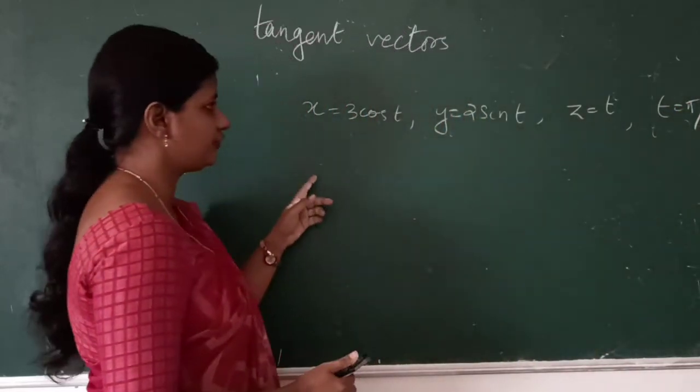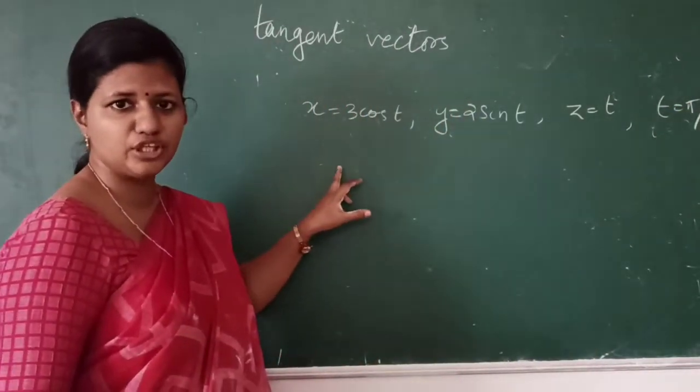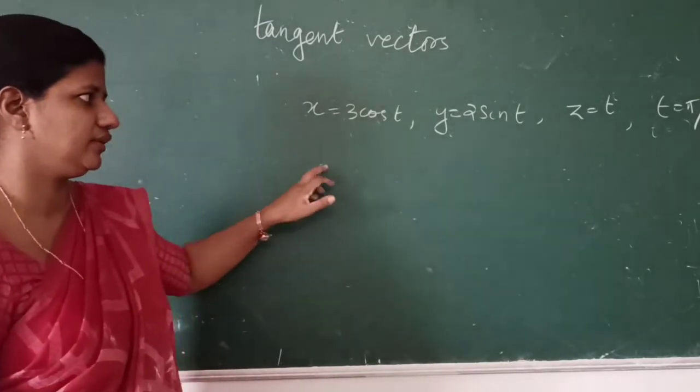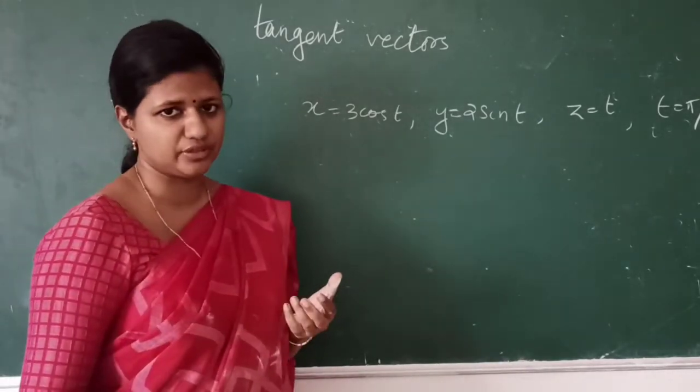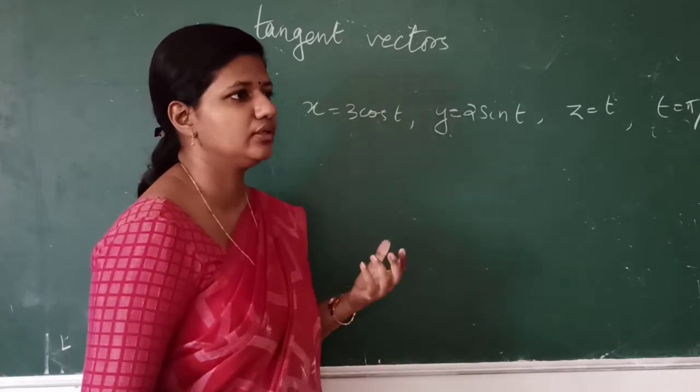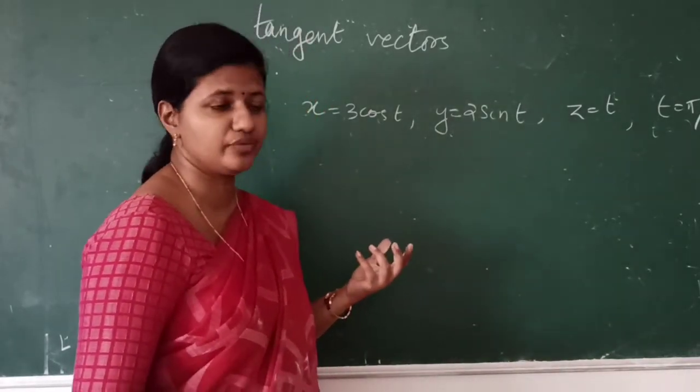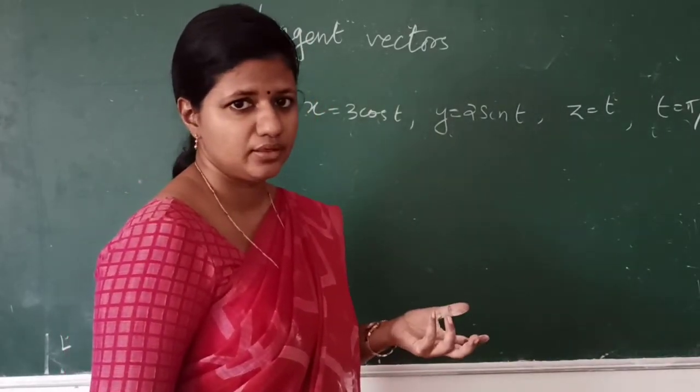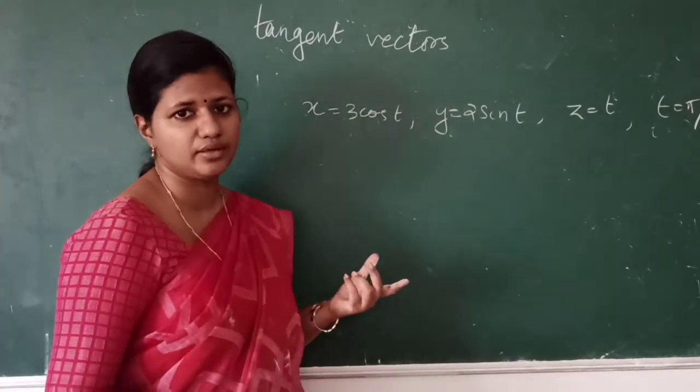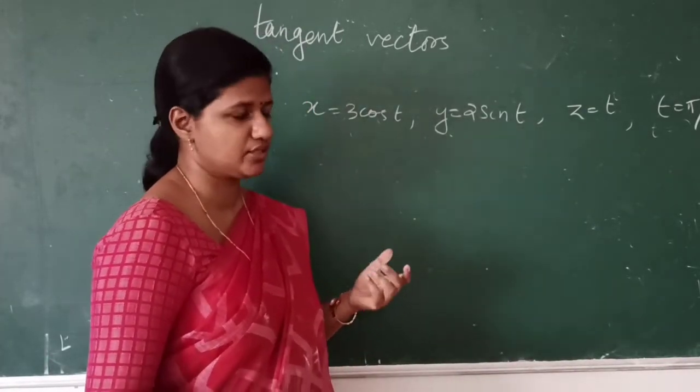Here we have to find the parametric equation of the tangent line. We know how to find tangent vectors, and we know the parametric equation of a tangent line is obtained by parameterizing the line parallel to the given tangent vector.